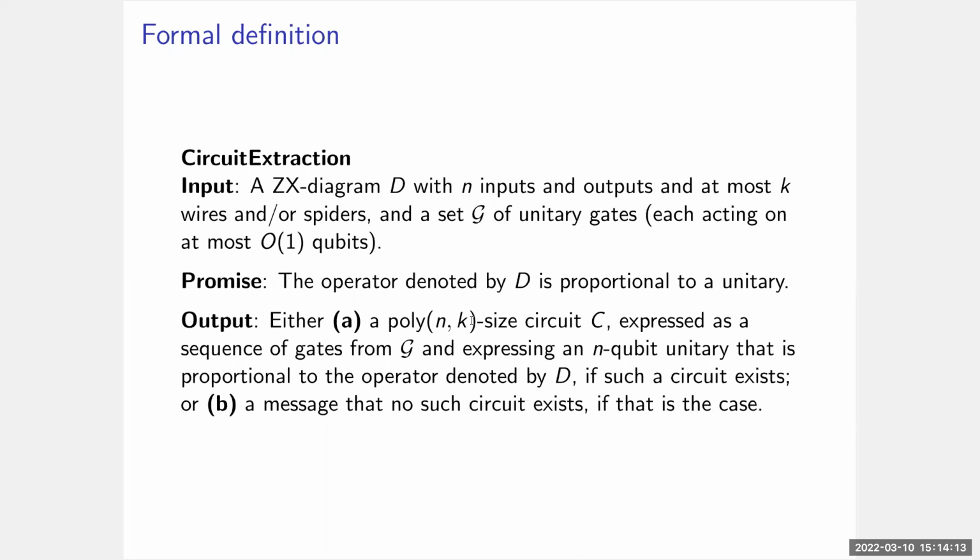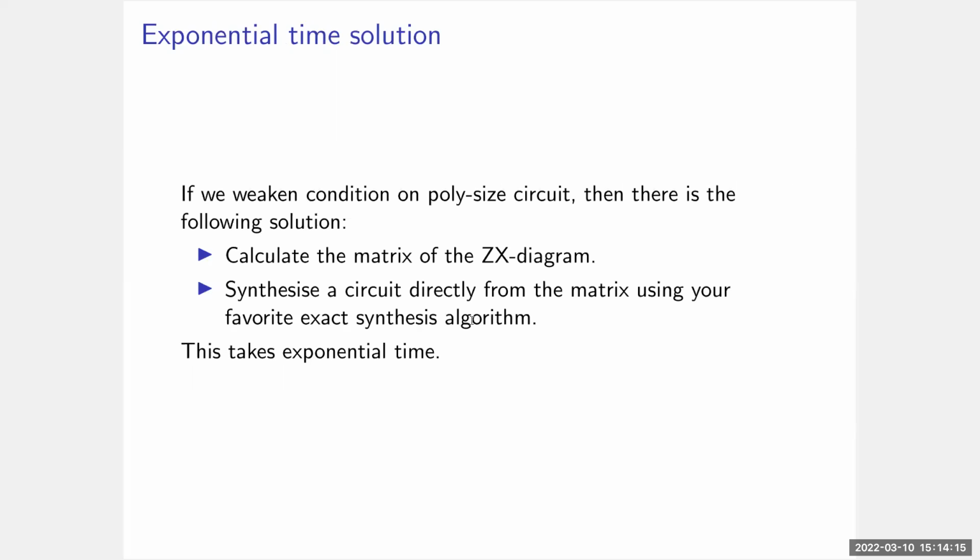Okay, then let me continue. So first is an observation. If we weaken the condition on the circuit being polynomial size, then there is a very naive solution to this, which is just to calculate the matrix of the ZX diagram, which takes exponential time, and then synthesize a circuit directly from it using your favorite exact synthesis algorithm.